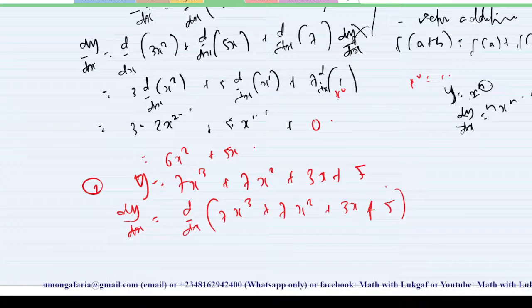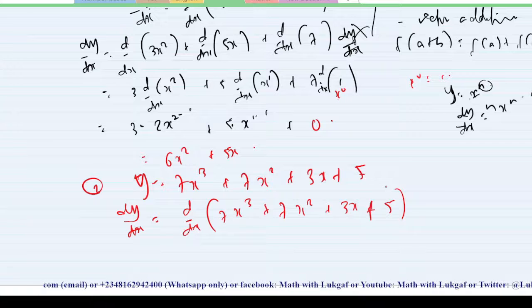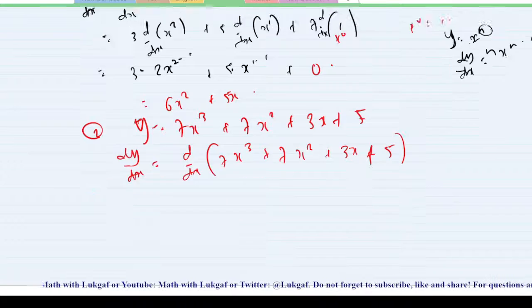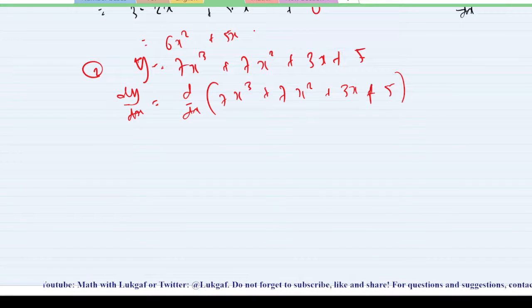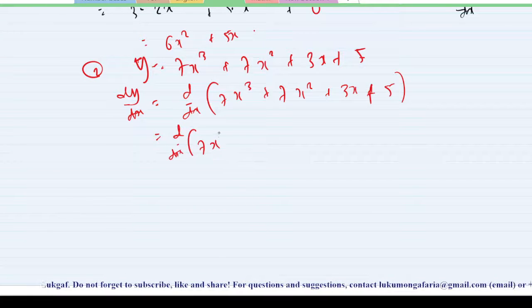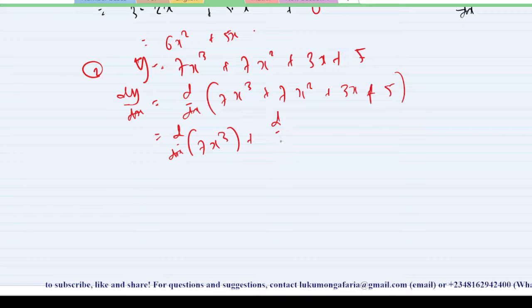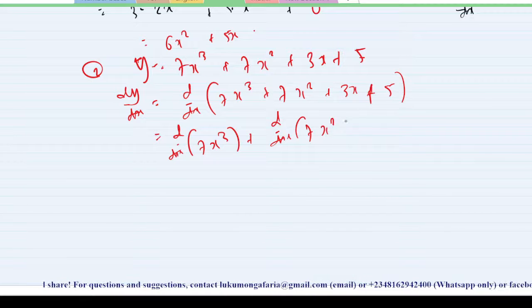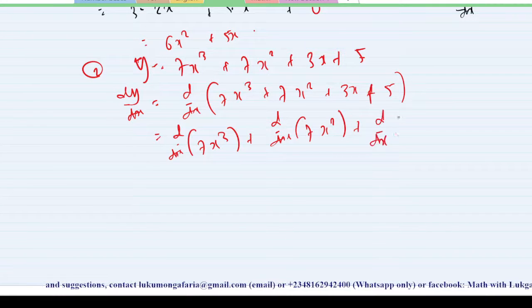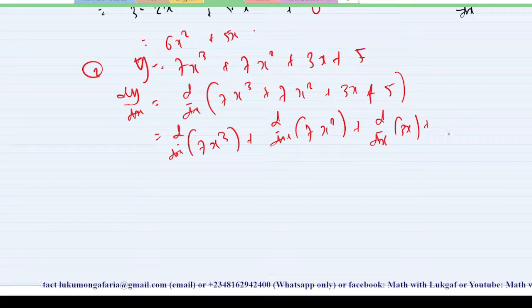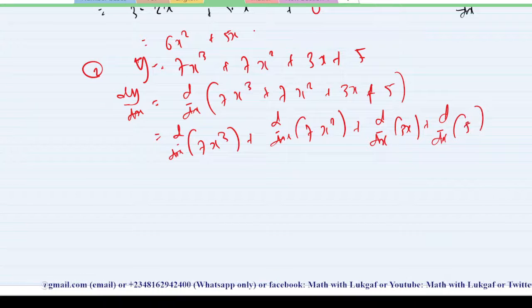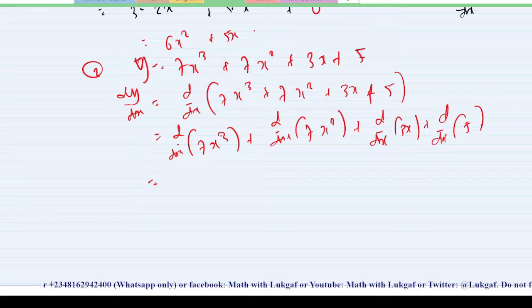Excuse me, sir, can I do it directly without writing it one by one? Yes, but there will come a time when it will be advisable for you to do this to avoid mistakes. So then this will give me d/dx of 7x cubed, don't forget your linearity property, plus d/dx of 7x squared plus d/dx of 3x plus d/dx of 5.